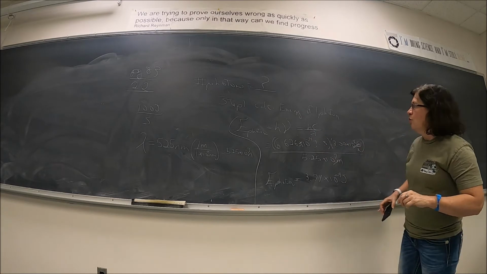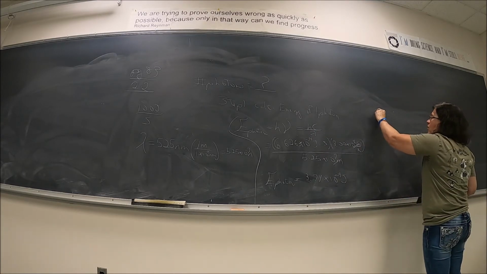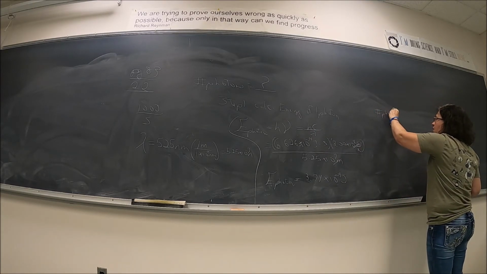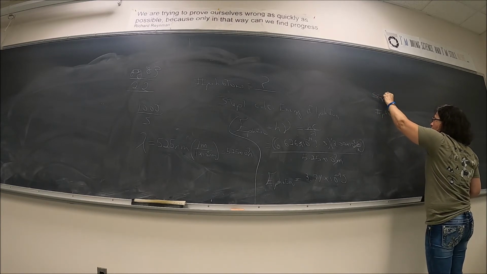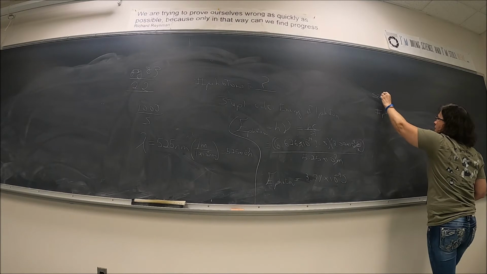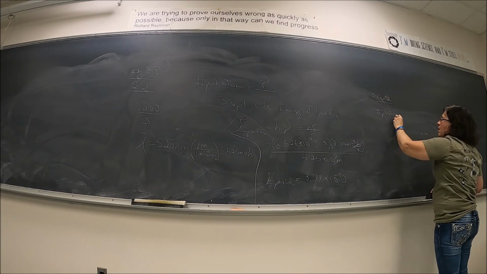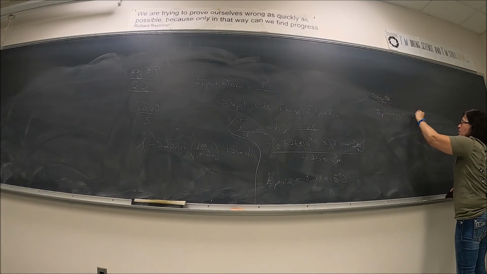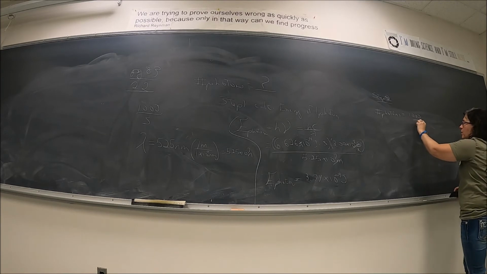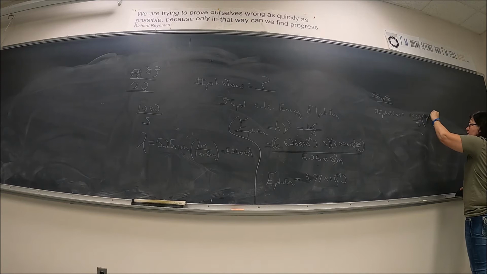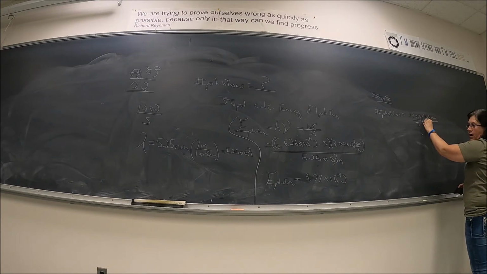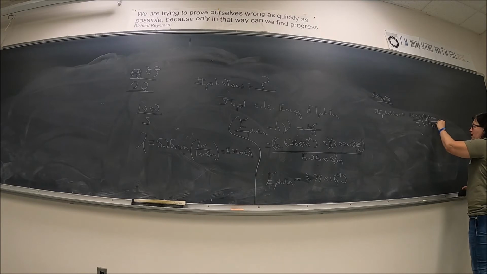And we've got 100 joules per second. So a number of photons, which is what I'm going to calculate here in step 2, is going to be 100 joules per second times 1 photon for every 3.79 times 10 to the minus 19 joules.